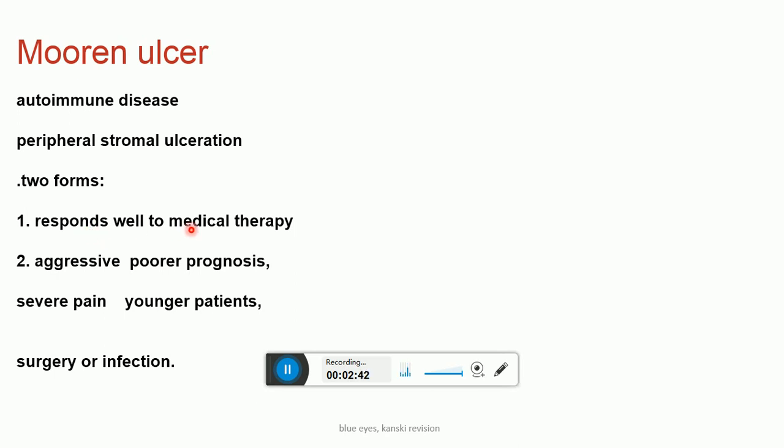The second is more aggressive, likely to need systemic immunosuppression, carries a poor prognosis, may be bilateral, is associated with severe pain, and tends to occur in younger patients, including widespread reports in men from the Indian subcontinent. In at least some, usually milder, cases there is a precipitating corneal insult such as surgery or infection. Associated systemic autoimmune disease and corneal infection should always be ruled out. So, Mooren ulcer is an autoimmune disease.